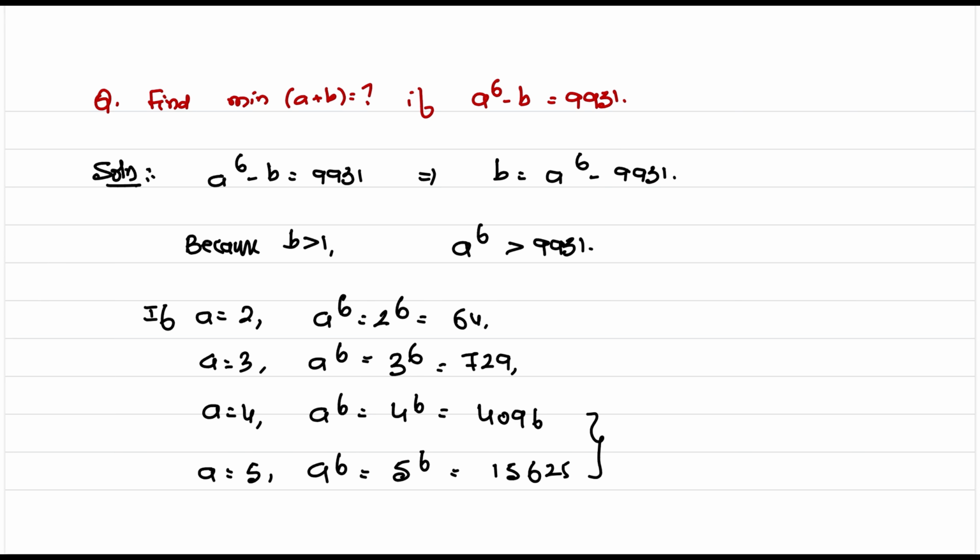And our given value 9931 lies between these values, that is 4 to the power of 6 and 5 to the power of 6.